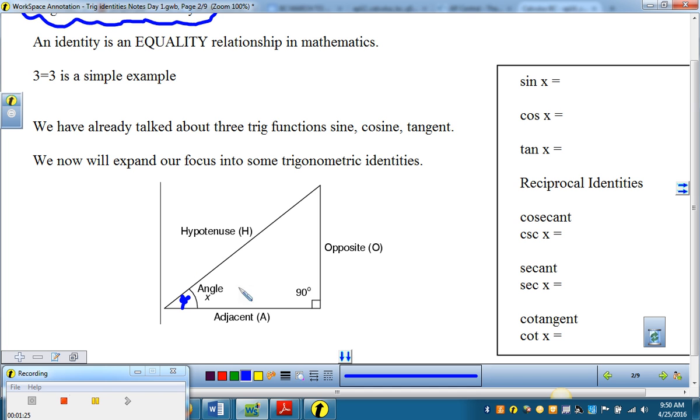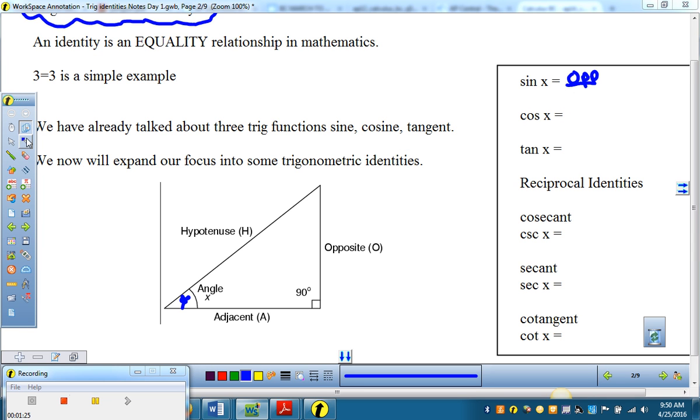As a review, with right triangle trig, sine is equal to what? Athena, go. Opposite over hypotenuse. So sine is opposite over hypotenuse.